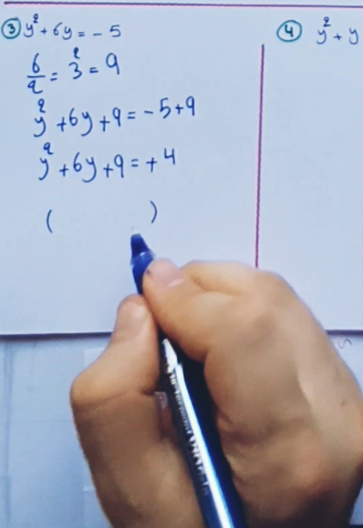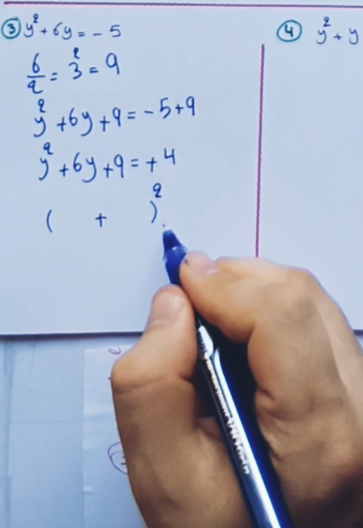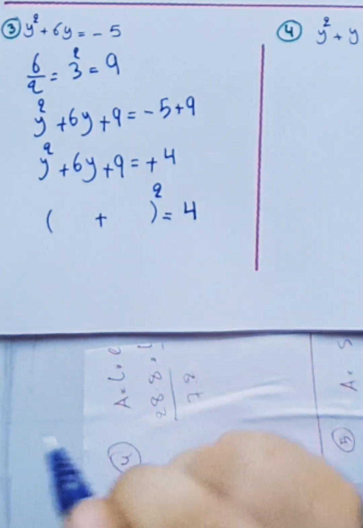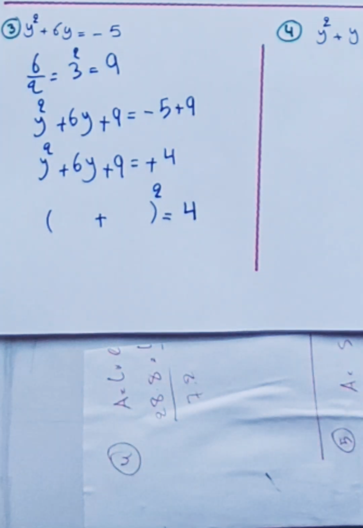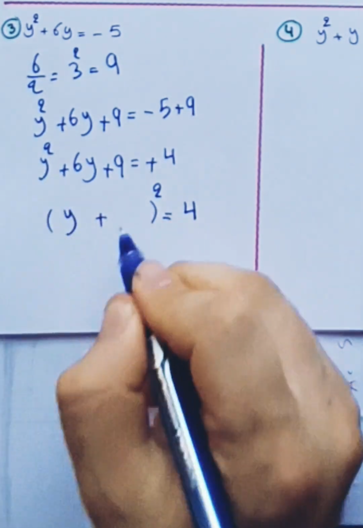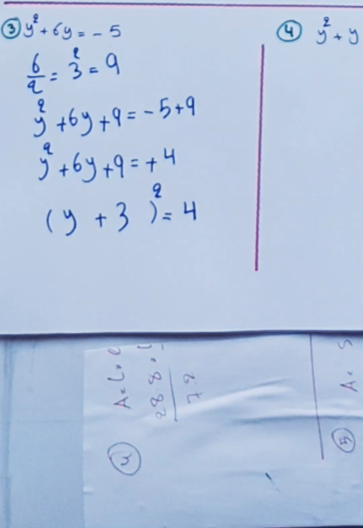We have to draw a parenthesis, and then inside the parenthesis is positive, and you have to write 2 over the parenthesis equal to 4. Inside the parenthesis, y squared comes from y multiplied by y, and then 9 comes from 3 times 3.